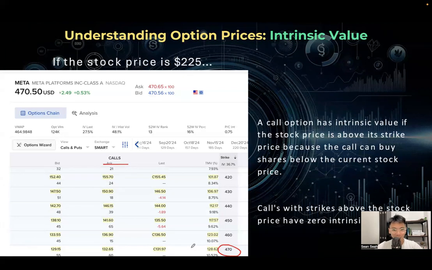It is 0.5. Let's put a column called intrinsic value. 0.5. Now, a 460 call, a strike price with 460, okay, it has 470 minus the strike price, which is 10.5.